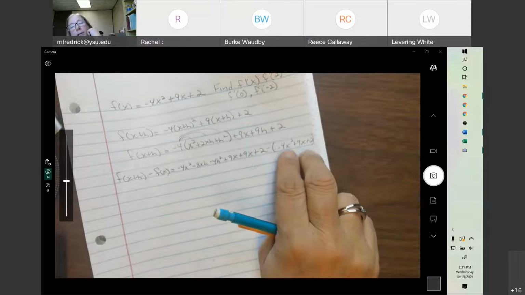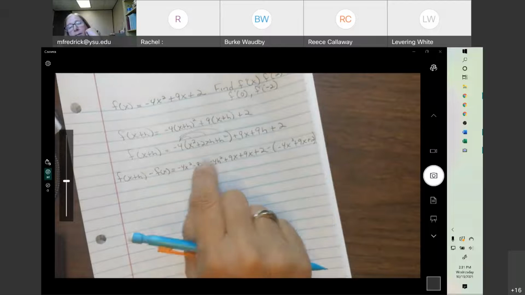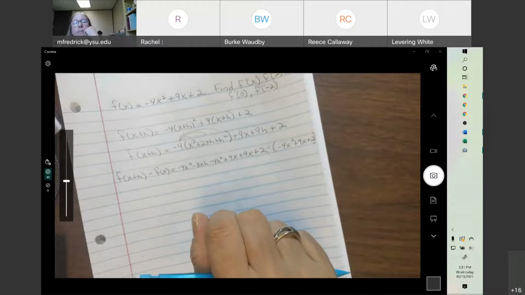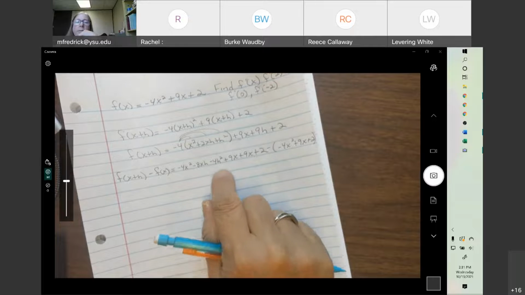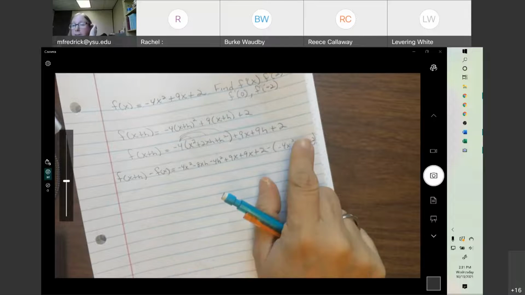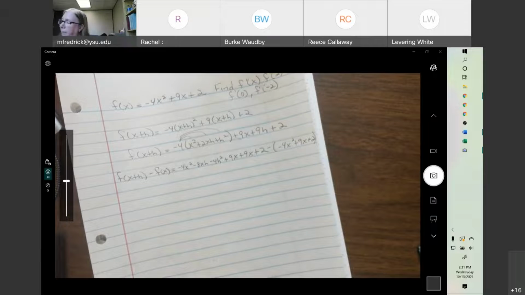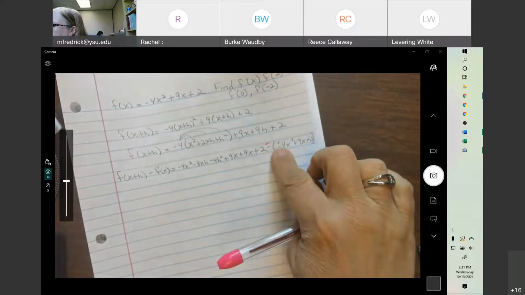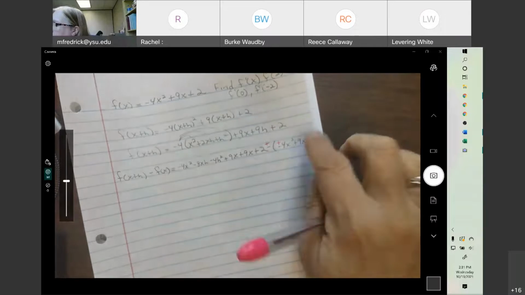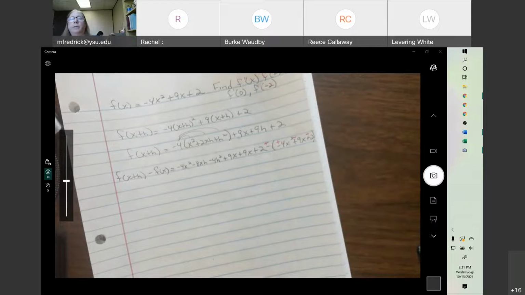Also, when you start combining, these should cancel with something out here. If they don't cancel, you did something wrong. Also, all the terms that are left should have an h in them once these cancel. So first thing, I'm going to distribute my negative. So that's going to make this a positive, and then negative times negative is a positive. The negative times this 9 makes this a negative 9 and a negative 2. So it changes your signs.